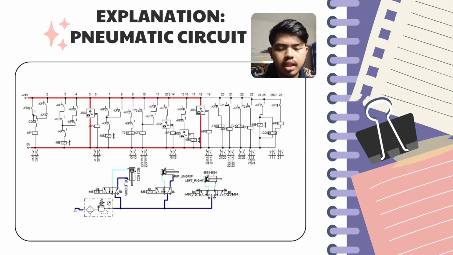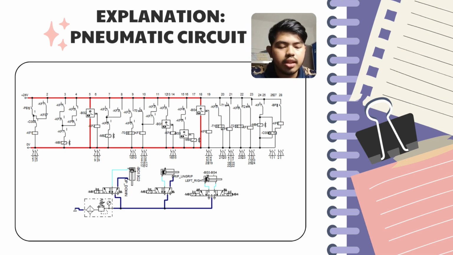When it triggers negative MB3, the left right cylinder will extend and trigger negative BG4. At the same time, the up down cylinder will extend. It also will trigger timer 1 for 3 seconds.